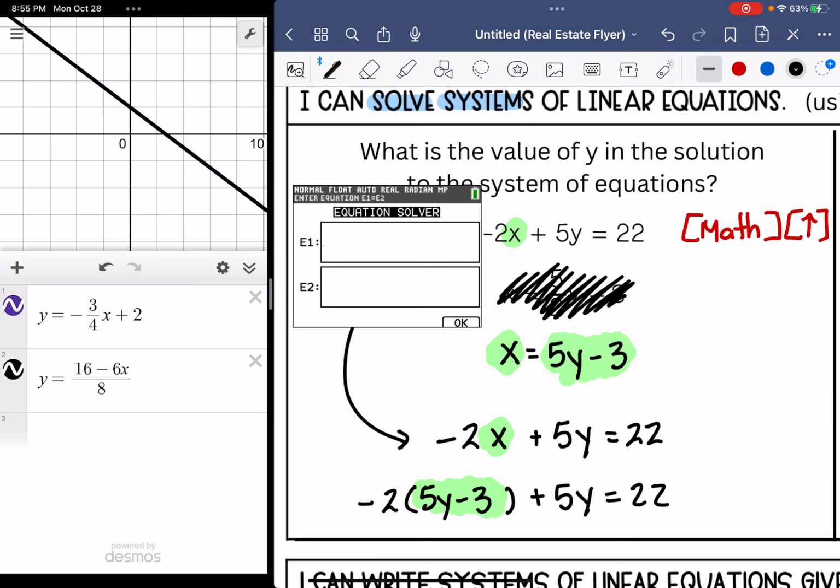So we would type in negative 2 times 5x minus 3 plus 5y equals 22. We would click our OK button or our graph button 2 times, and it would tell us that y equals negative 3.2. And that would be our answer, because our question said, what is the value of y?